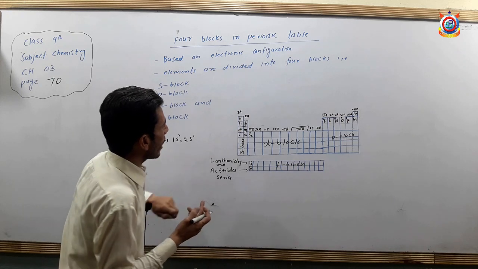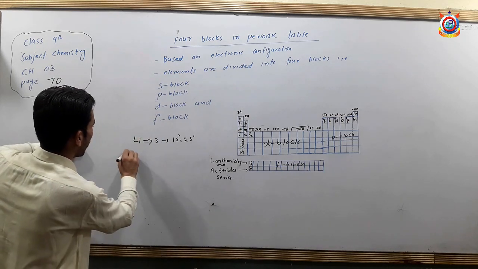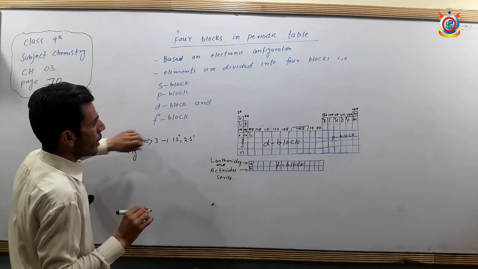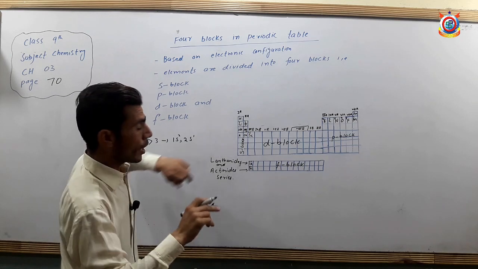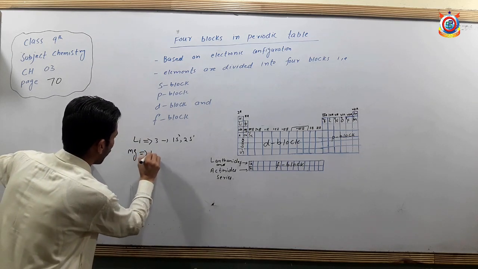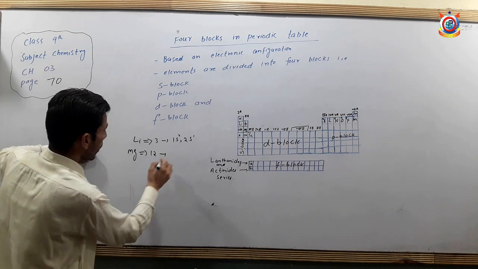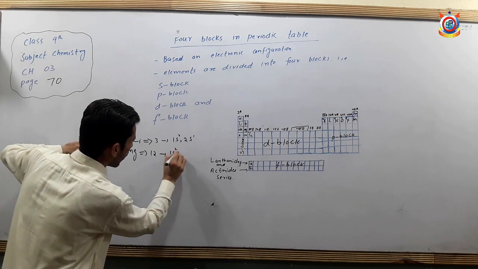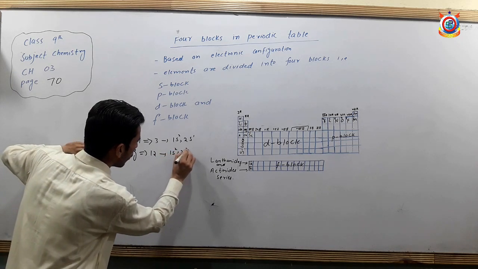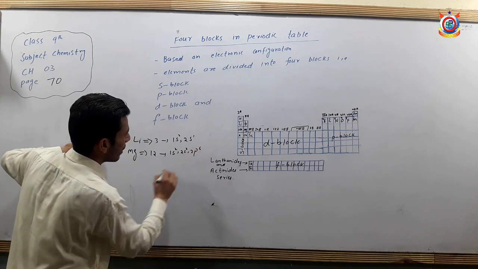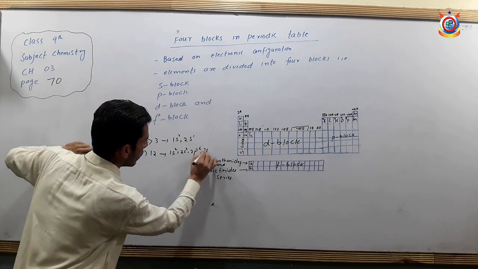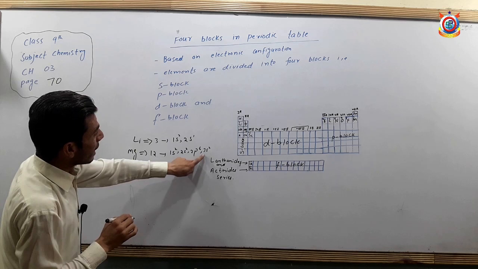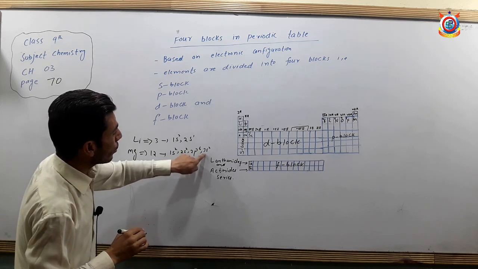Magnesium is a member of group second A, whose atomic number is 12. Its electronic configuration is 1s2 2s2 2p6 3s2. So its last electron enters into the S subshell.